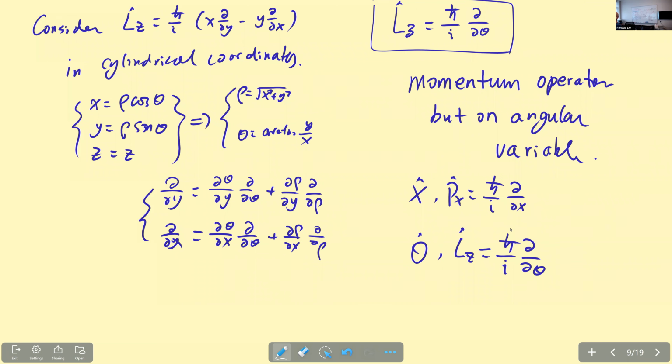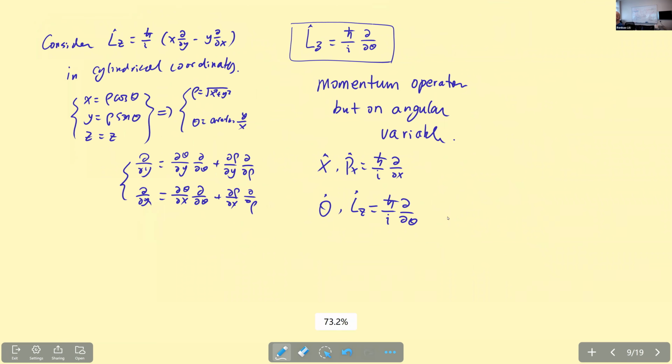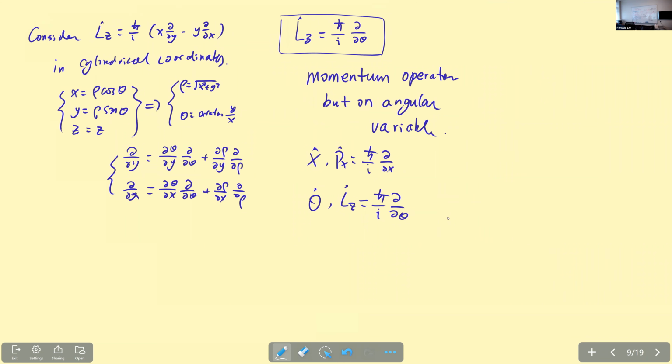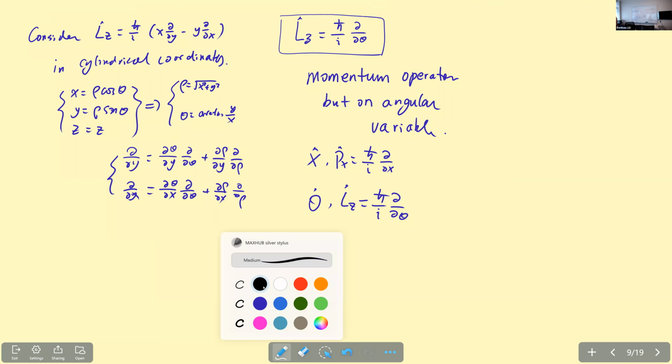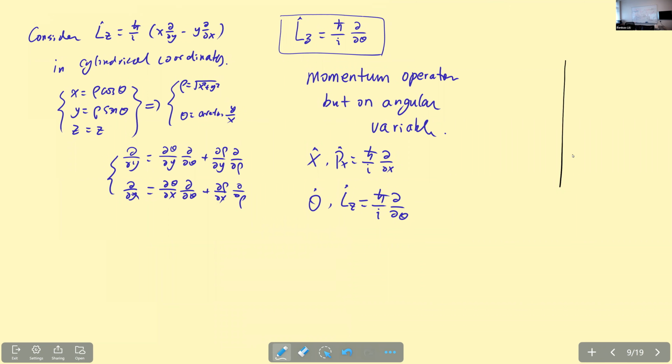And this is a very nice relation, because you can remember we can define this is x, this is y, and this is z. And now you can define the angle: this is rho, and this one is theta. So you can see that once you change this theta, you have a velocity along this direction.